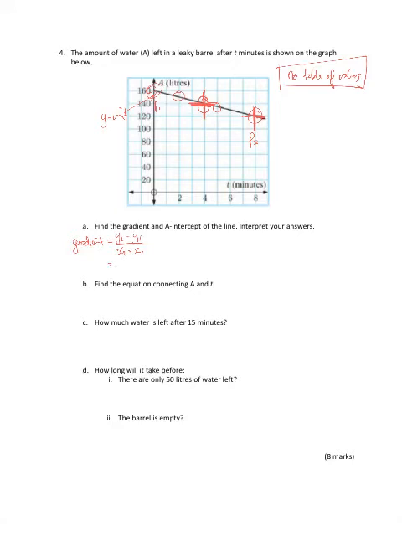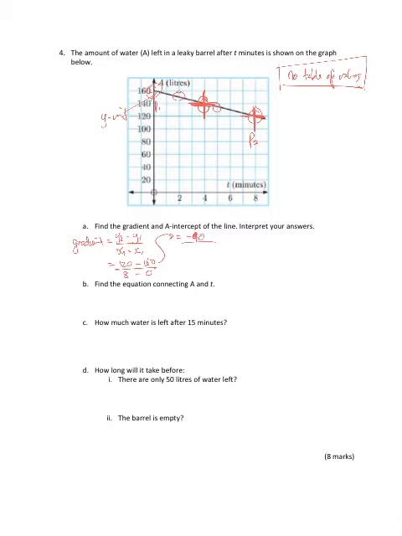So the y coordinate of the second point is 120, and the y coordinate of the first point is 160. The x coordinate of the second point is 8, the x coordinate of the first point is 0, so that's going to be 120 take 160, which is negative 40, sorry.